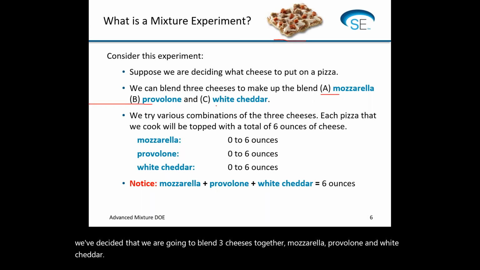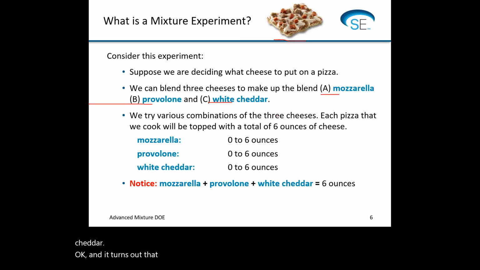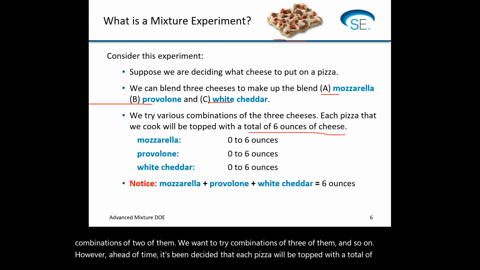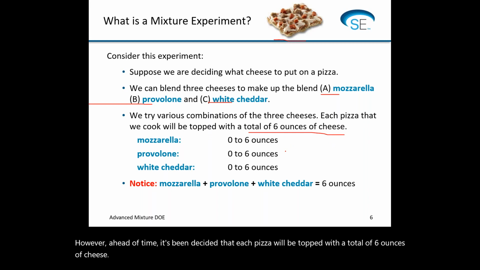Okay, and it turns out that we want to try each of these cheeses on their own, combinations of 2 of them, combinations of 3 of them, and so on. However, ahead of time, it's been decided that each pizza will be topped with a total of 6 ounces of cheese. So that's not going to change.